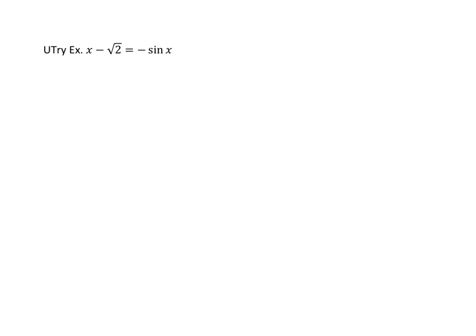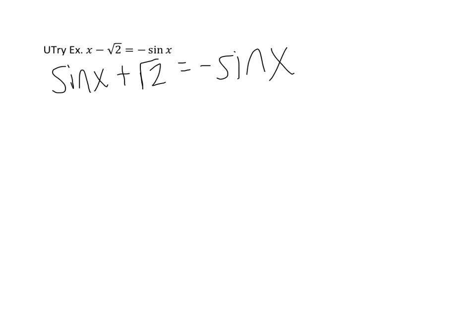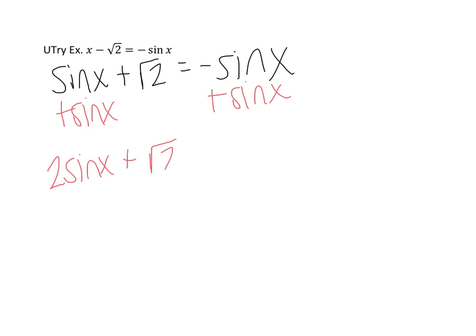And another problem for you to try on your own. Your problem is sine x plus radical 2 equals negative sine x. So solve that one. I'm going to add my sine x. So I'm going to have 2 sine x plus radical 2 equals 0.